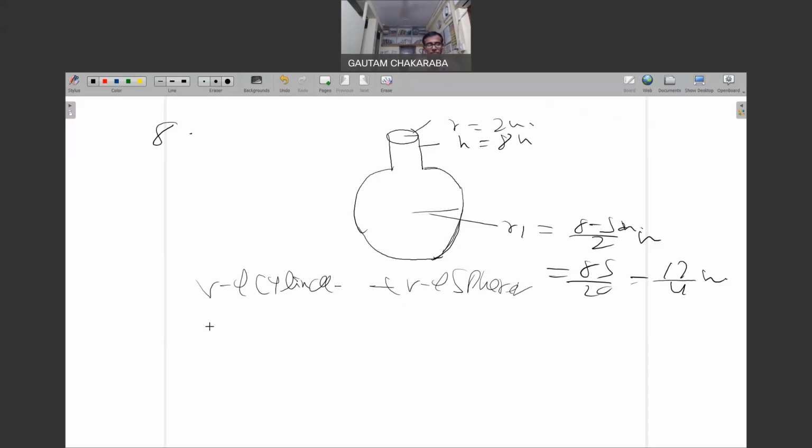So that means pi into r square, r is 1, height 8, and 4 by 3 pi r cube, 17 by 4 cube. Now after that you calculate, and if the result is exactly 345, then it is okay, otherwise not correct. Okay. Now I move to the next exercise.